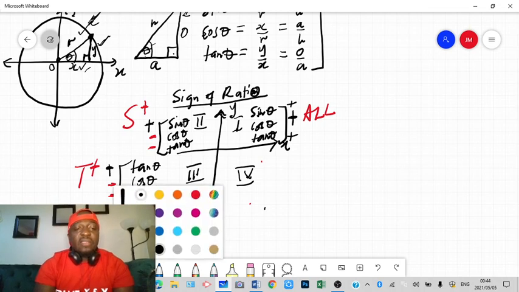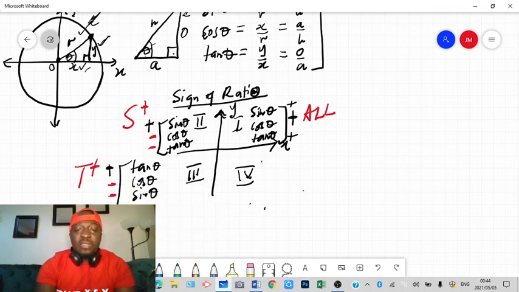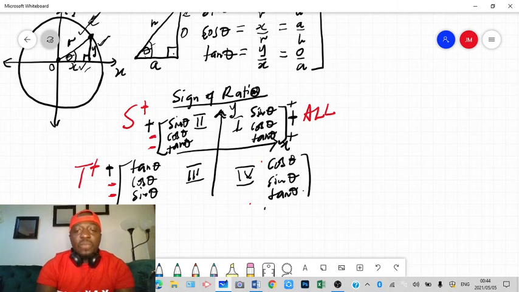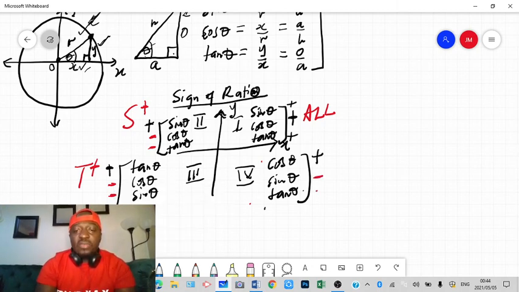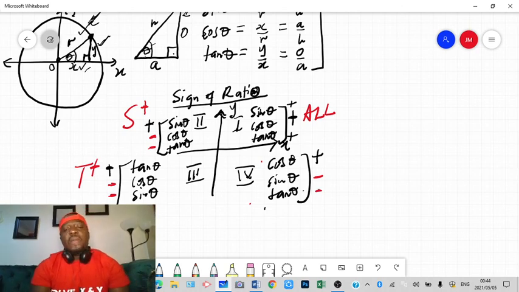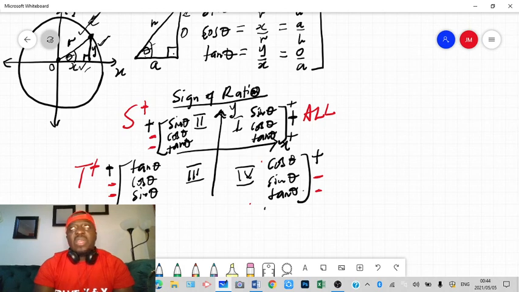And lastly, if you go to the fourth quadrant, your cos theta, your sine theta, and your tan theta. With these, your cos will be positive, but your sine and your tan are going to be negative.